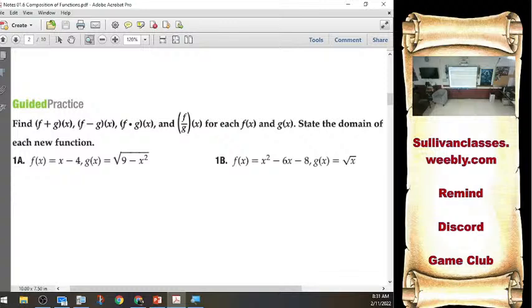So, 1a, 1b, right where we left off, there's a function rule for f and g for both of them. Add them, subtract them, multiply them, divide them. And more importantly, tell me the domain on each, because we need to practice domain. You puzzle this out with your neighbors.